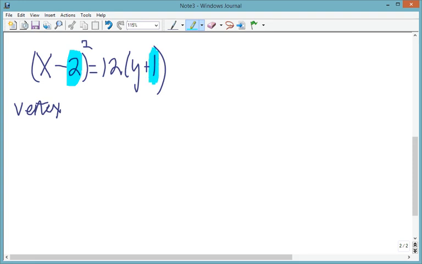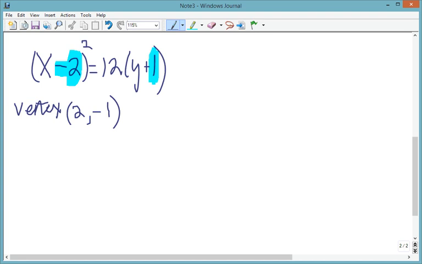Okay, but now, you notice this is minus, so the shift is positive, right? And since this is in here with a y, it's not just out on the side, it's in with the y. It's the same thing with the y shift. It's the opposite of whatever that was. Okay, so my vertex is at (2, -1).